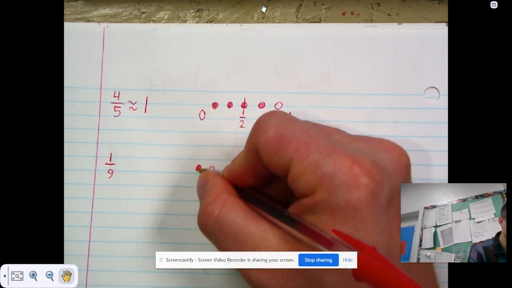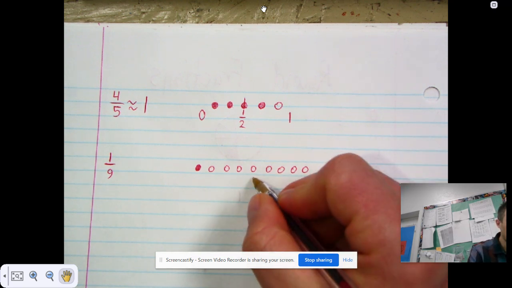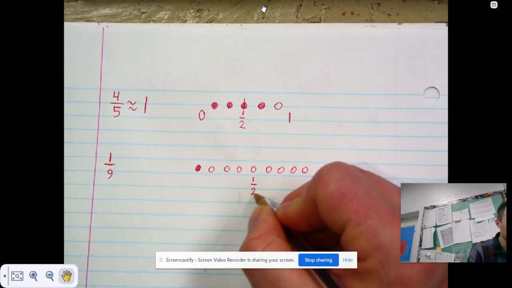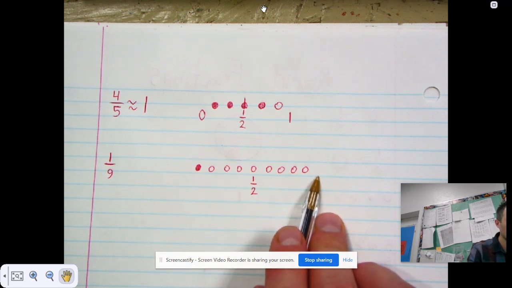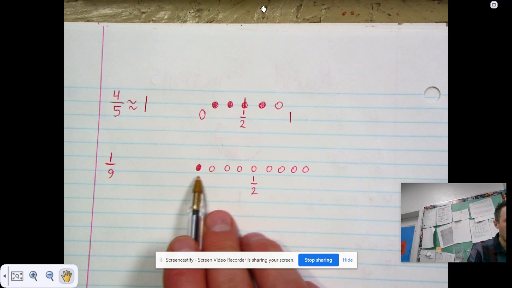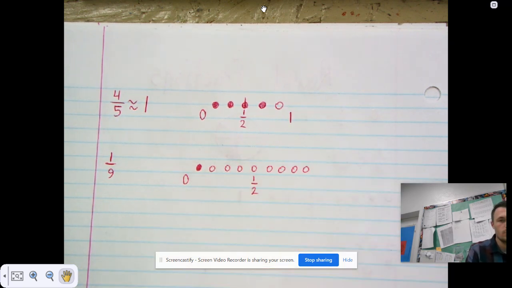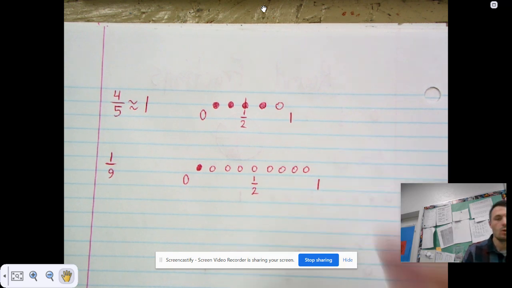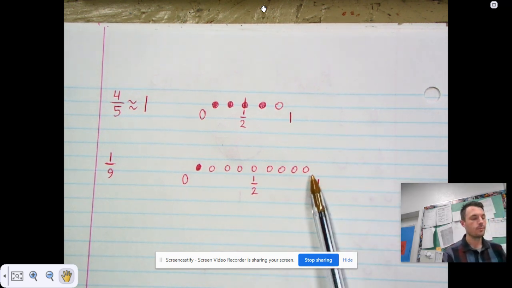Only one of them is colored in. And so since 9 is not an even number, the halfway point is here with this center marble. There's 4 marbles on this side of it and 4 marbles on this side of it. So 1 out of the 9 is colored in. 0 out of the 9 being colored in would be here, and 1 whole, or the whole bunch of the marbles being colored in, would be over here.